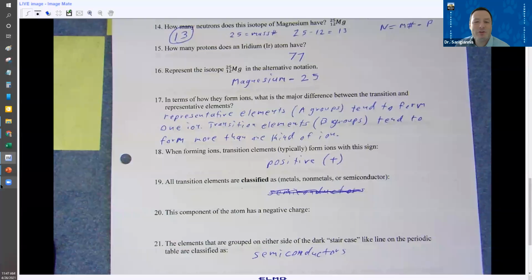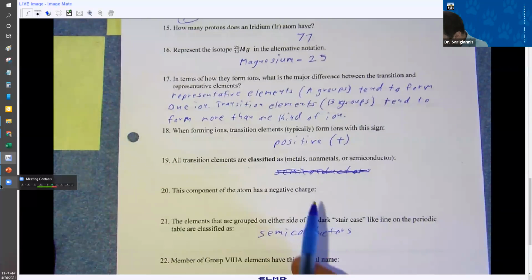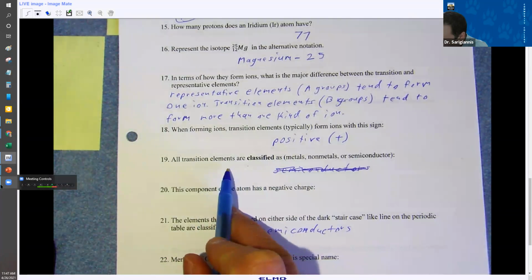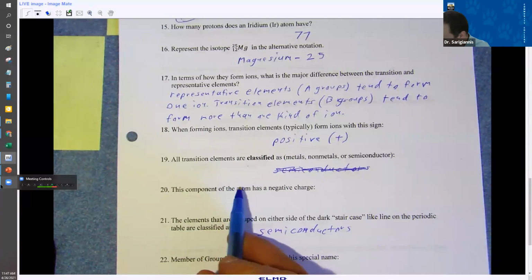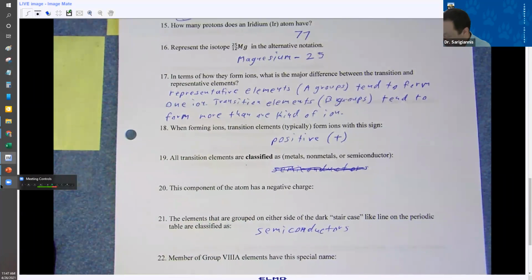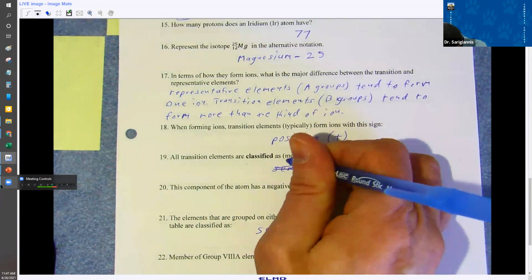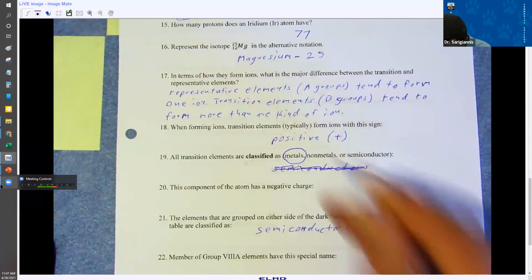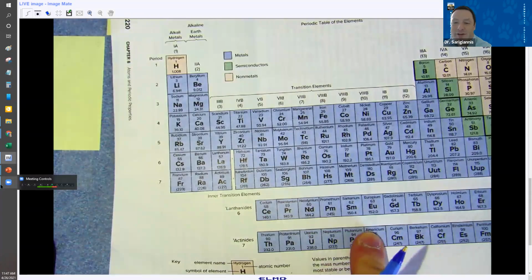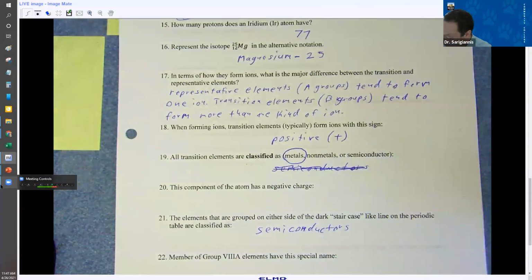Let's go to the slide here. I forgot we skipped these because these were fairly easy. All transition elements are classified as metals, non-metals, or semiconductors. The answer here is metals. You can see all the transition elements are blue. They're all metals.